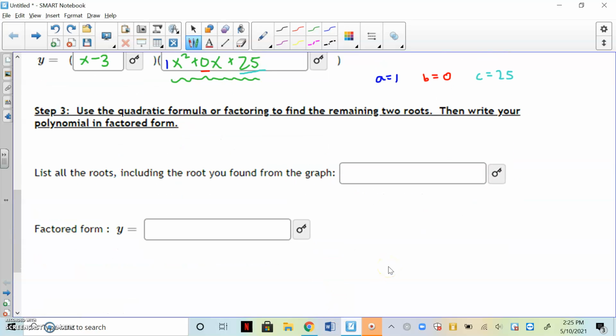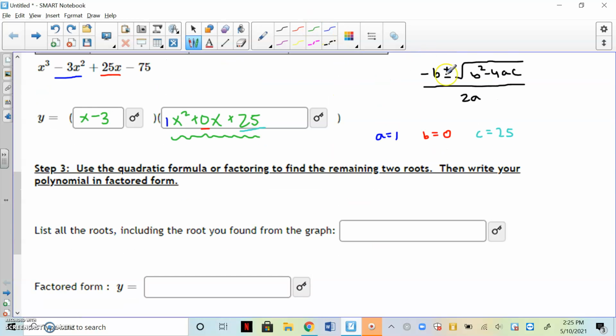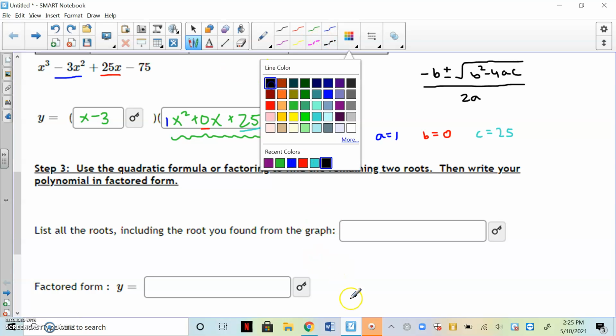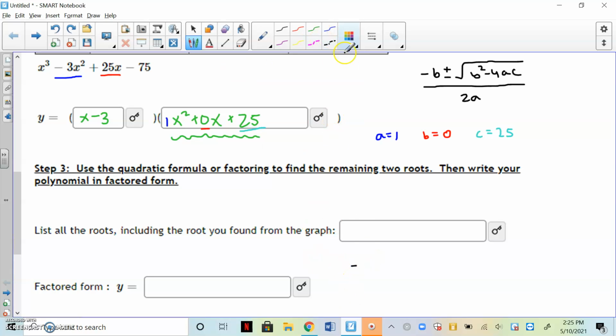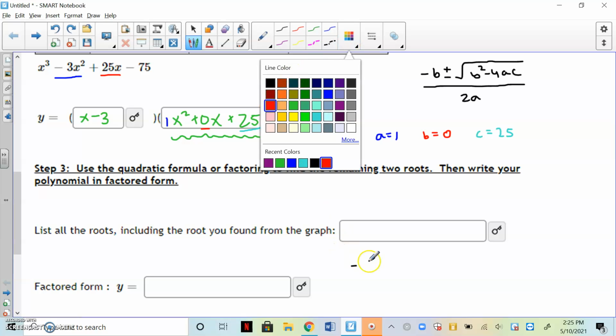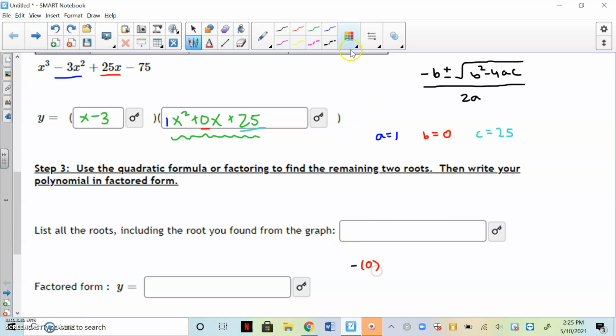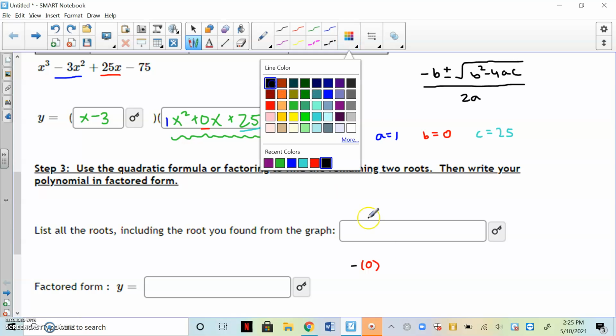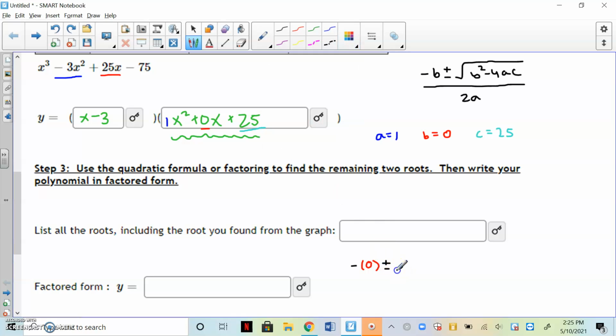Let's go ahead and start that down here. So we have, and maybe let's do it while we can still see the formula, just so you guys can see where everything is coming from. So we have our negative sign, we have b is 0, so I'll put a 0 where my b is. I'm going back and forth between the colors here.